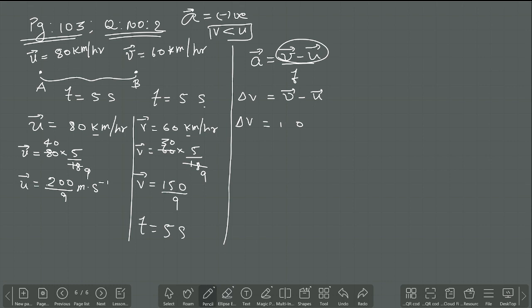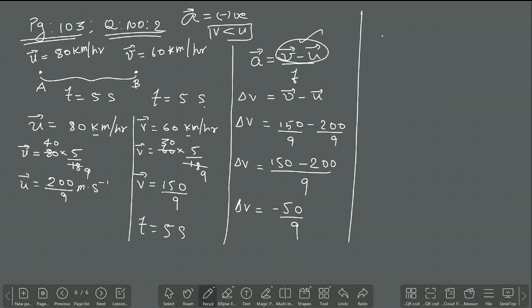Yes. 150 by 9 minus 200 by 9. So del v is equal to, common denominator is going to be 9. So 150 minus 200. So del v is equal to minus 50 by 9.